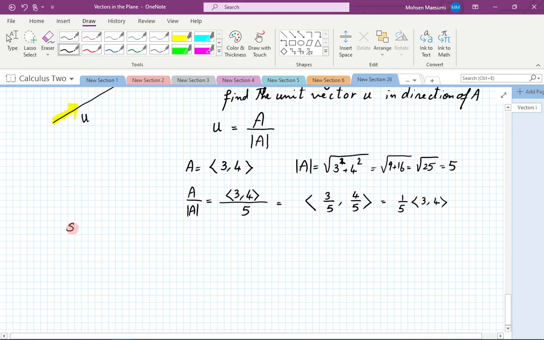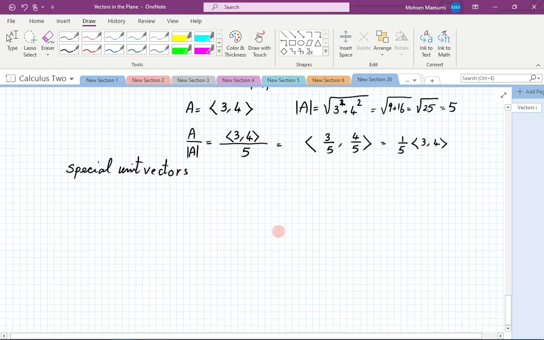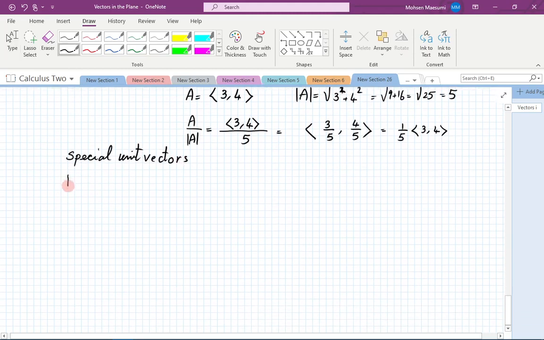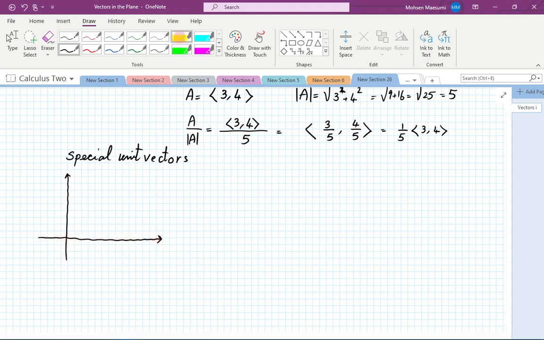And we have special unit vectors. Special unit vectors line up with our axes. So if I have x-axis and y-axis, I can think about the unit vector in this direction, and I can think about the unit vector in that direction. These are going to be special vectors for us. We are going to refer to them as i and j.